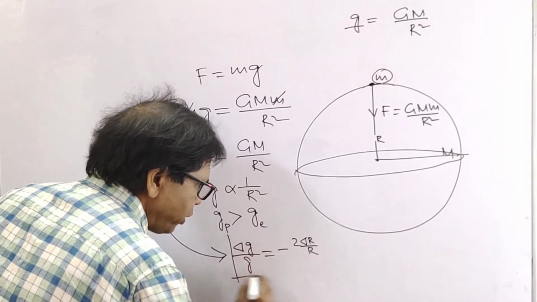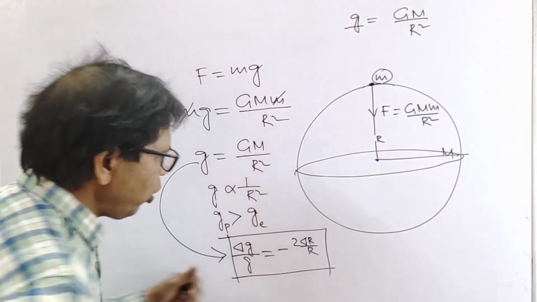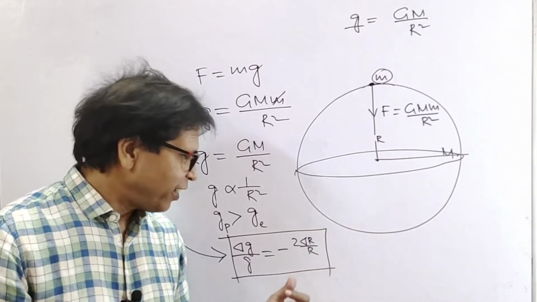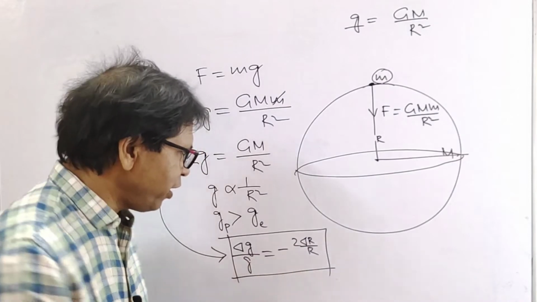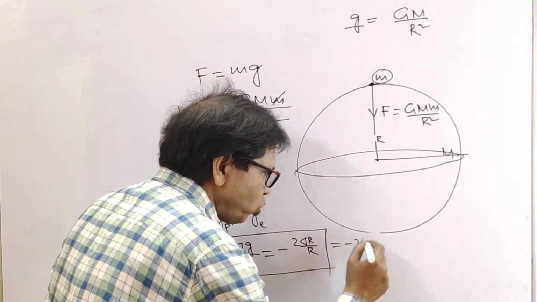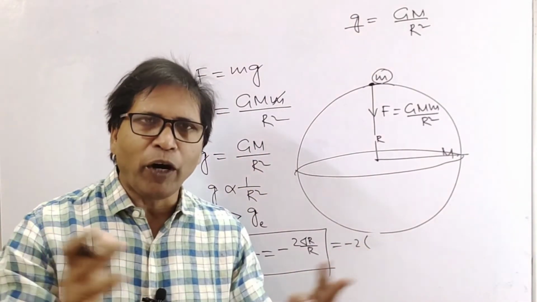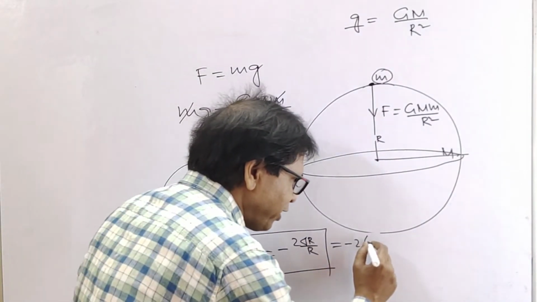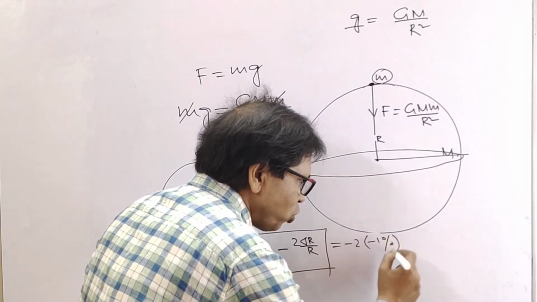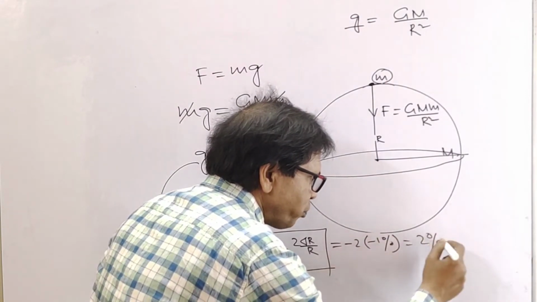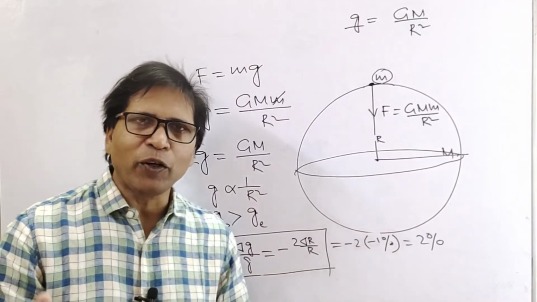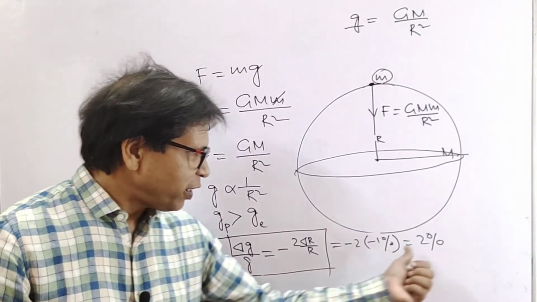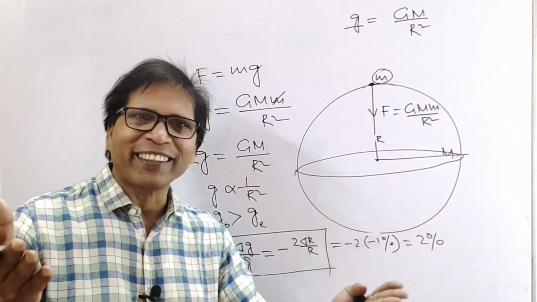That is, if the radius of the Earth shrinks by 1%, then this is minus 2 times minus 1%, so 2%. If the radius of the Earth shrinks by 1%, then acceleration due to gravity increases by 2%.